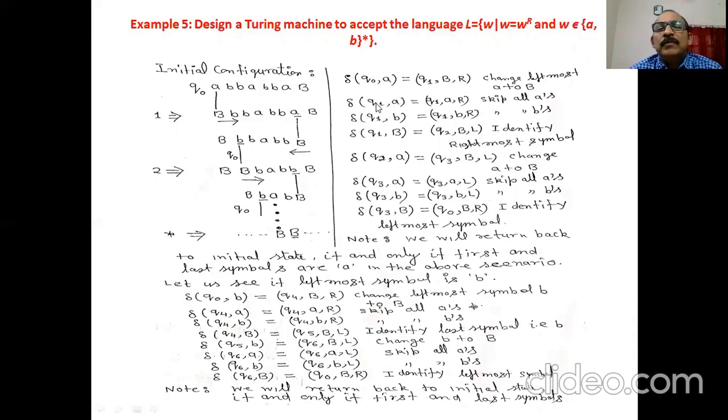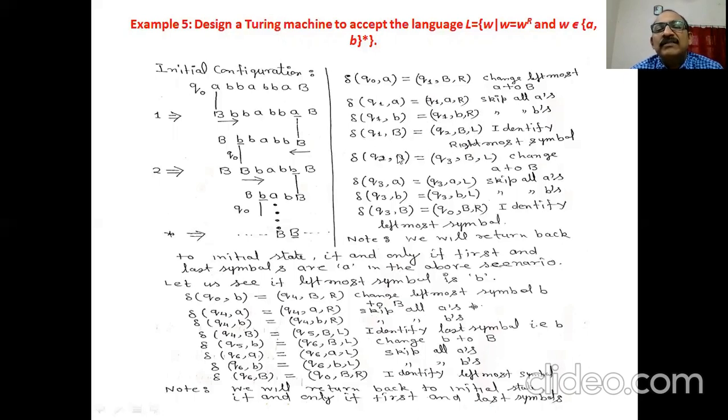Machine in state Q1, if a is encountered, the machine remains in the same state, replaces a by a and moves right. With this transition function we skip all a's. With this one we skip all b's: Q1, b → Q1, b, R. If a blank symbol is encountered, the machine moves in the left direction. The machine changes the state from Q1 to Q2, replaces the blank by blank and moves left.